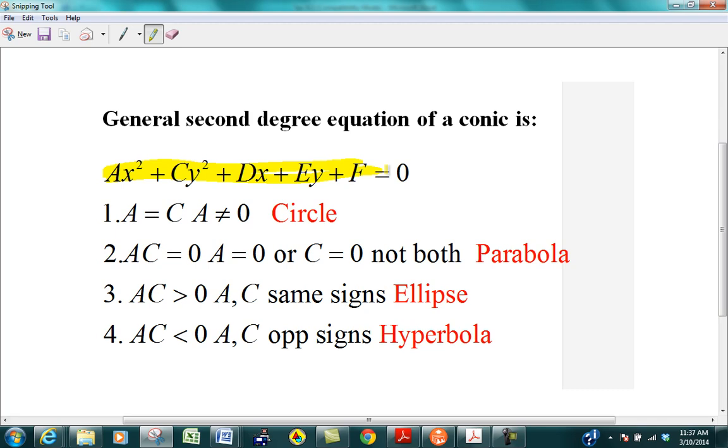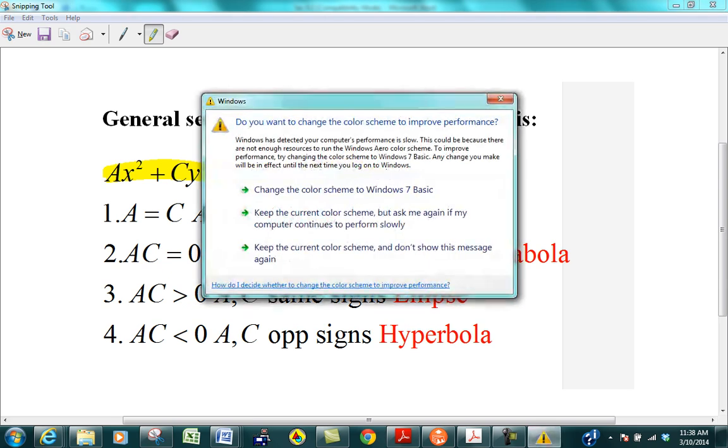If A times C is positive and A and C have the same sign, both pluses or both minuses, then you get an ellipse. And if A times C is negative and A and C have opposite signs, then you get a hyperbola.